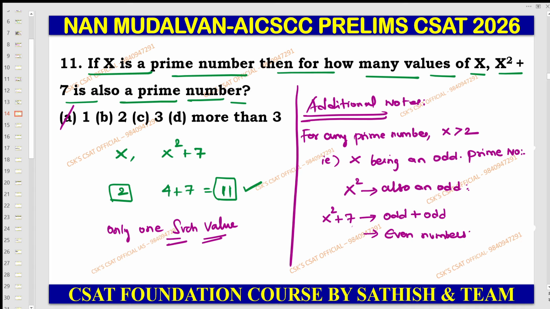Will you get any even number in the prime number concept except 2? No, that is the important logic you need to apply here. So when x is greater than 2, that is x being any odd prime number, x square plus 7 gives you a resultant even number. But in order to get the prime number, what you have to do?